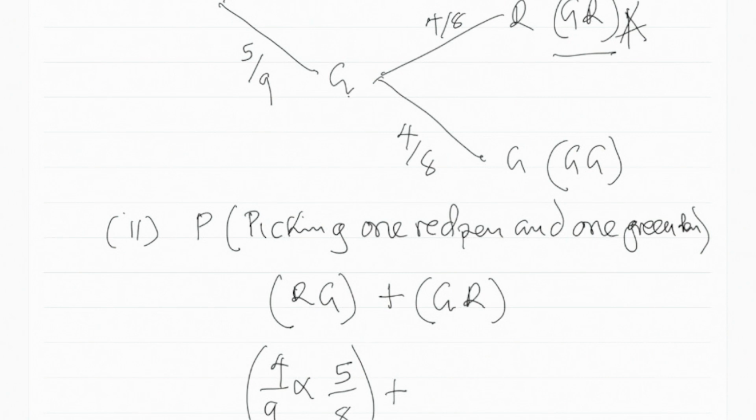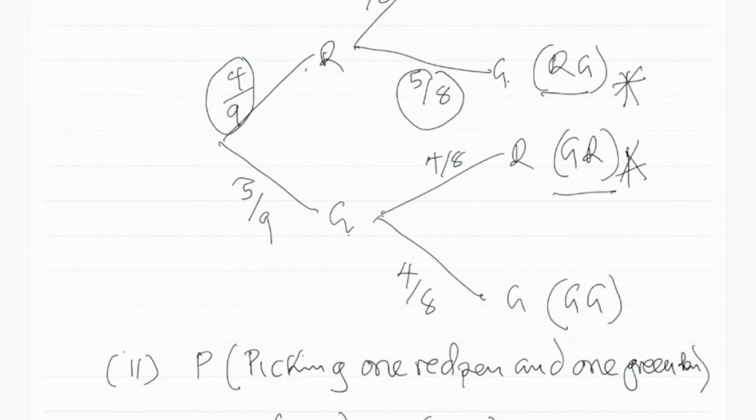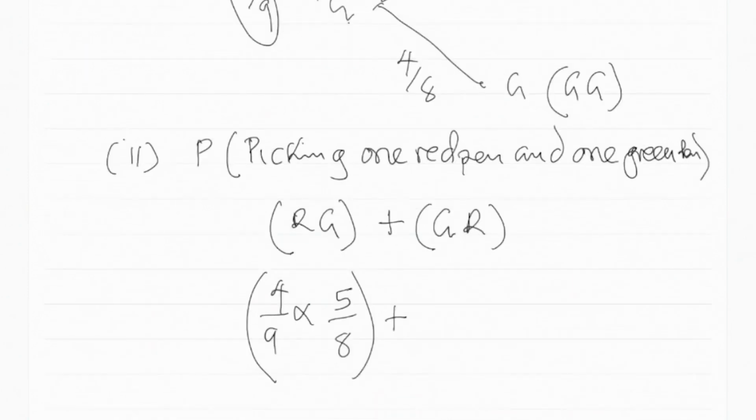So what is the probability of green and red? Green in the first pick is 5 over 9. So we're going to say 5 over 9 multiplied by red, which is 4 over 8. So we can do better there by doing away with this. Then we multiply this.